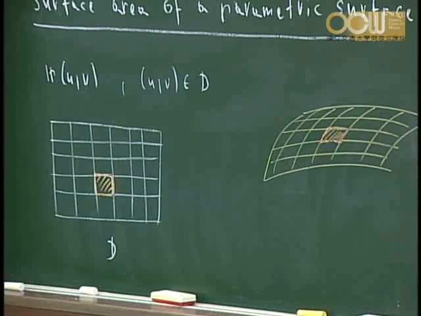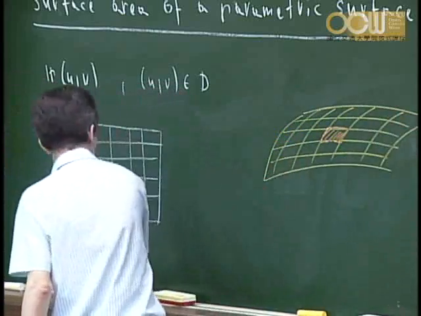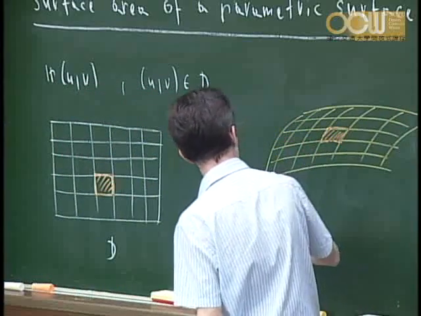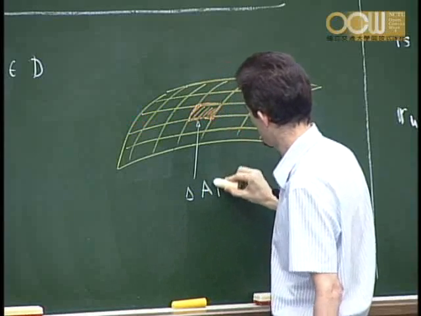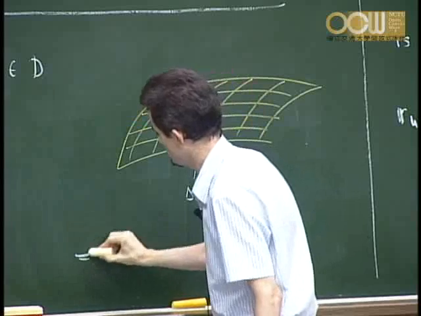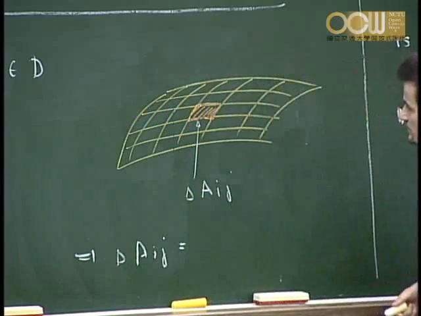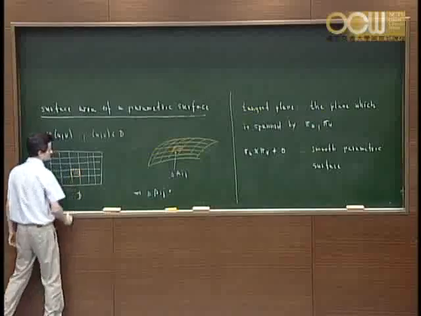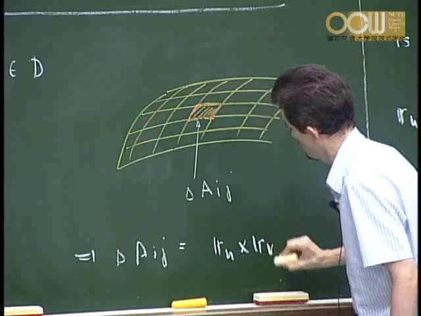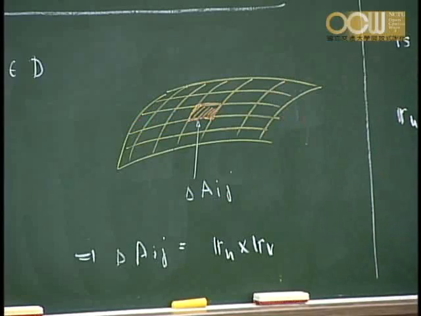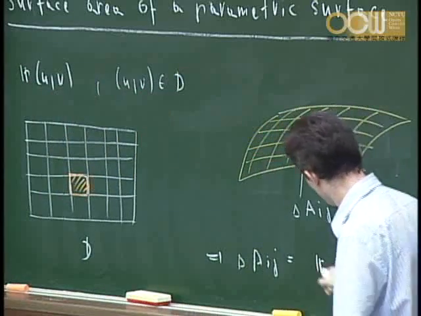If you make certain smoothness assumptions, and denote the surface area of this part by delta A_ij, then delta A_ij will be given by the following: you take this point and compute the cross product between the derivatives of r at this point in both directions.